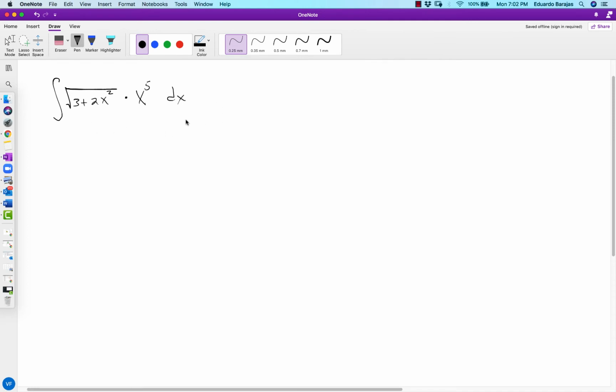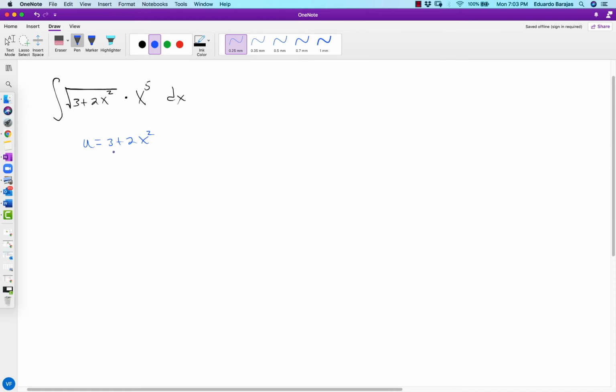Say we wanted to solve this now. The integral of the square root of 3 plus 2x squared times x to the 5th dx. Let's begin by letting this part be the u. So we're going to let u equal the 3 plus 2x squared.